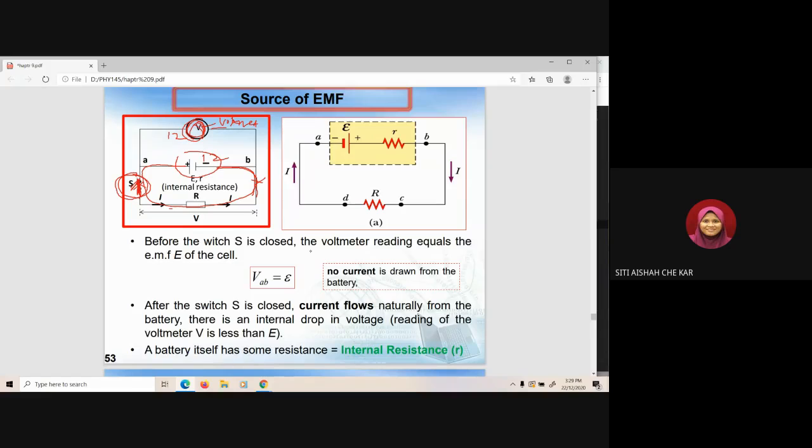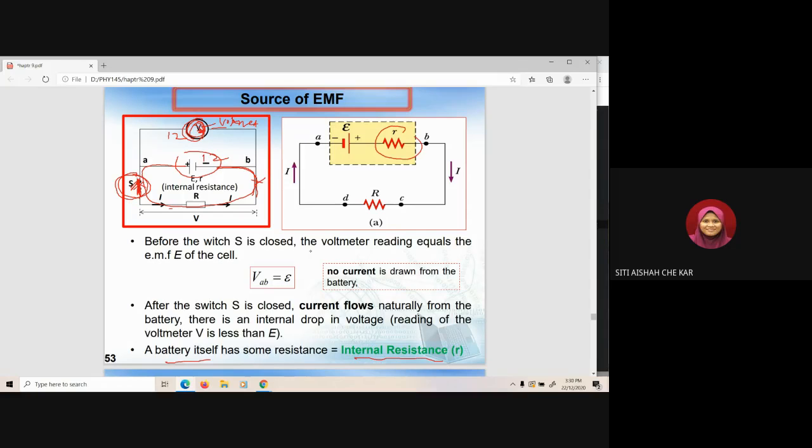But in the real condition ada voltage drop sedikit. Why? Because dekat power supply ni pun ada internal resistance. Sebab tu ada voltage drop sedikit. Kita panggil the internal resistance.